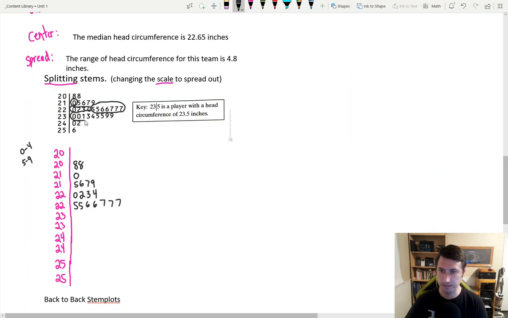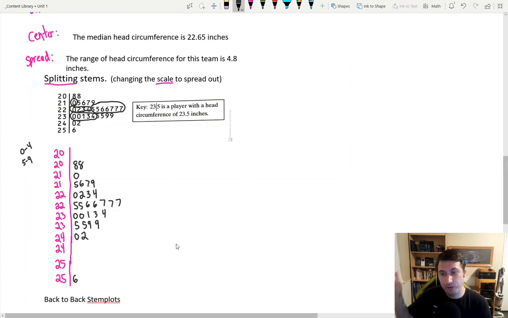My next one I take all the way up to there. So 0, 0, 1, 3, 4. And then 5, 5, 9, 9. 24 has 0 and 2 right here, nothing here. 25 also has nothing in the first one, and then 1 at 6.